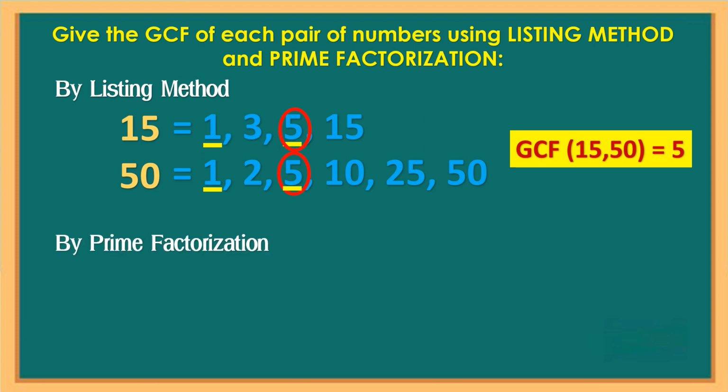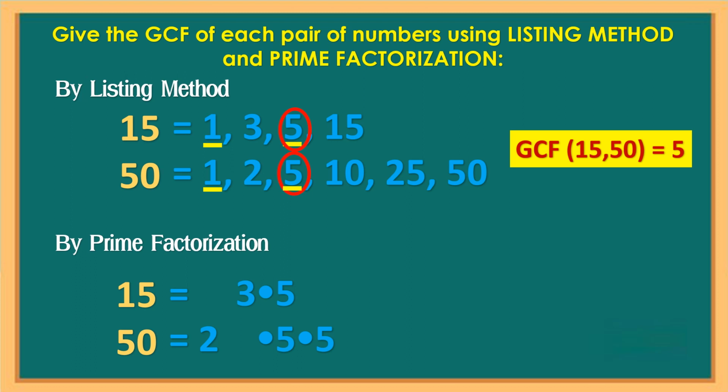By prime factorization, the prime factors of 15 are 3 and 5 because 3 times 5 is 15. The prime factors of 50 are 2, 5, and 5 because 2 times 5 times 5 is 50.